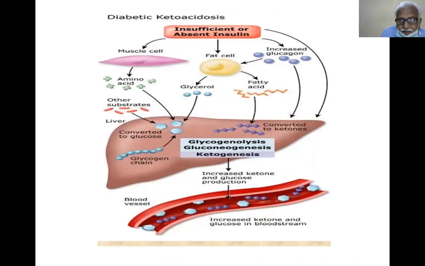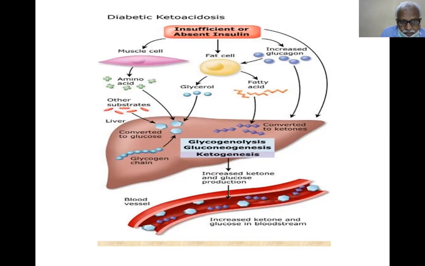In the fat cells, insufficient or absent insulin will result in lipolysis, liberating glycerol and fatty acids, and they will escape out from the cell, and the fatty acids will be converted into ketone bodies. It will be utilized for glycogenolysis, gluconeogenesis, and ketogenesis.